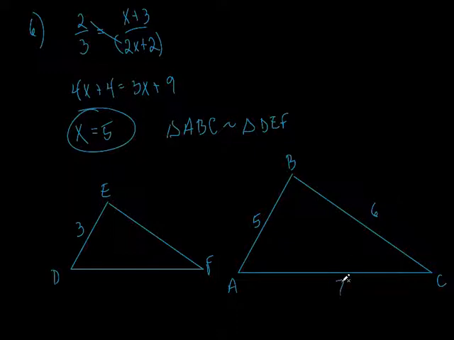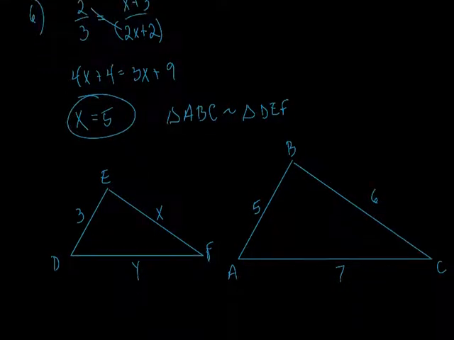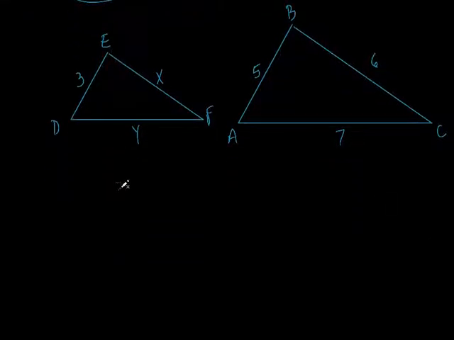Is that everything? 5, 6, 7, 3. And what are we trying to do? We're trying to find the perimeter of DEF. The perimeter is the easy part. We have to find that side, we'll call it X, and this side, we'll call it Y. Make sense? So first thing we do is find a scale factor. 3 to 5, good. So 3 to 5 is our scale factor because I know this side and I know this side.